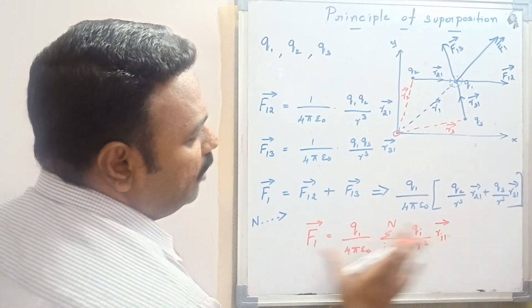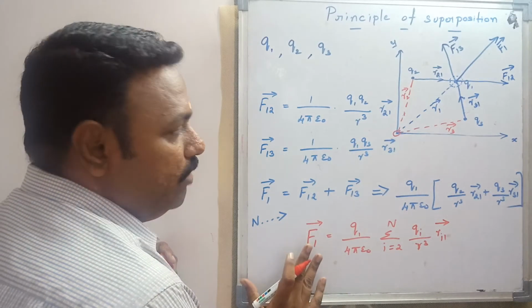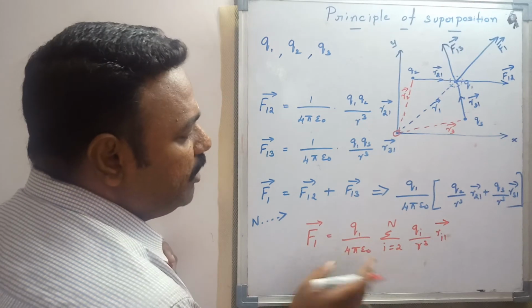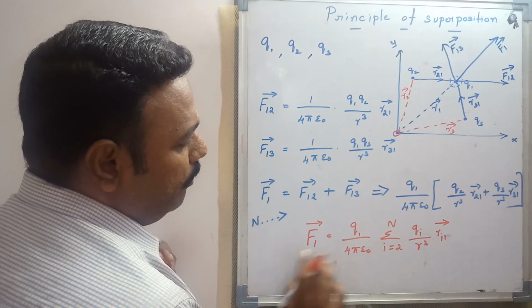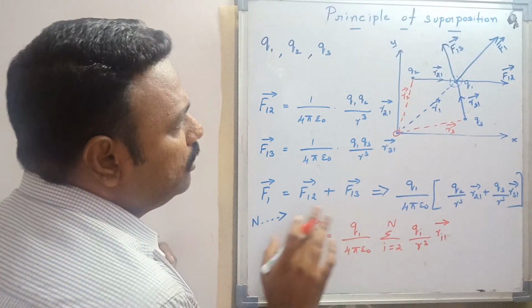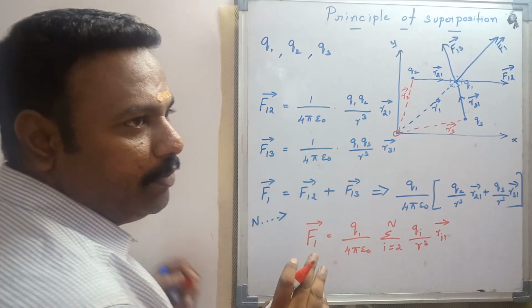So if you are going to have n number of charges, then you can use this idea. This is for the force on one charge. If I am going to have multiple charges, then this same equation can be expanded by applying the different values of the different charges. So we will get an equation of force using the principle of superposition.